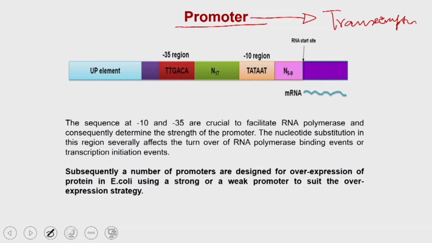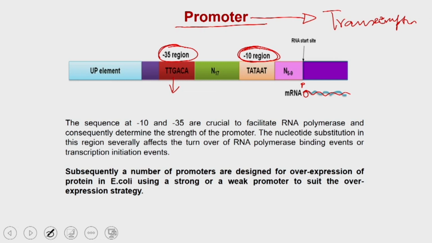In a typical promoter you have two regions, one called the -35 region, the other called the -10 region, and this is your site 0 from where the messenger RNA is going to be synthesized. All these promoters are upstream to the start site, and the -35 region as well as the -10 region contain different types of nucleotide sequences, and the presence of different nucleotide sequences or cassettes decides the strength of the promoter.